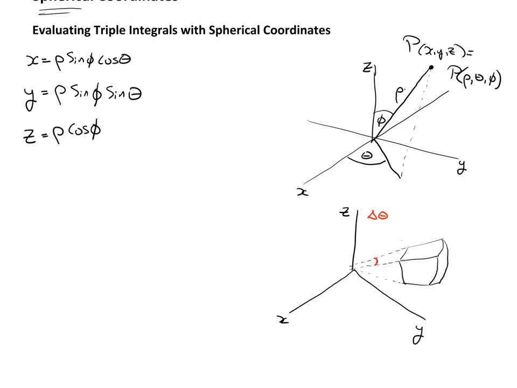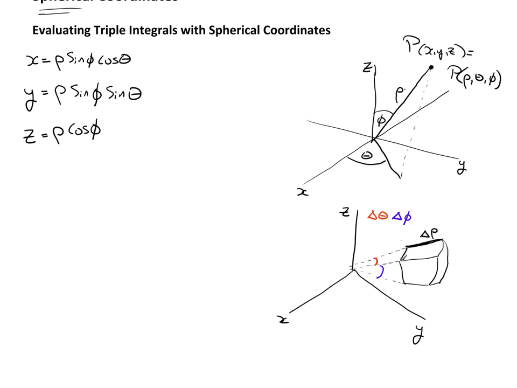And switching to blue, this angle here I'm going to think of as being delta phi, and with that I can define all these edges on this wedge. Now the distance here, that's going to be delta rho.